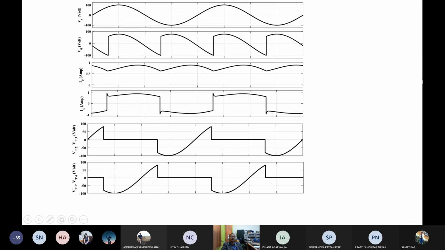So note down this waveform. This is alpha. This is pi. This is pi plus alpha. 2 pi plus alpha, like that.